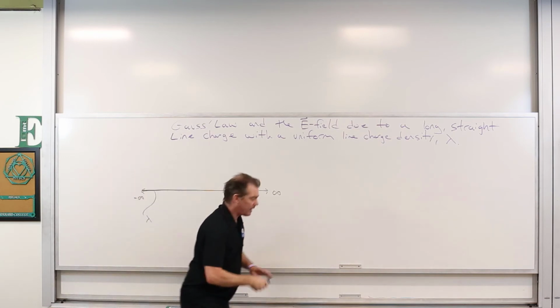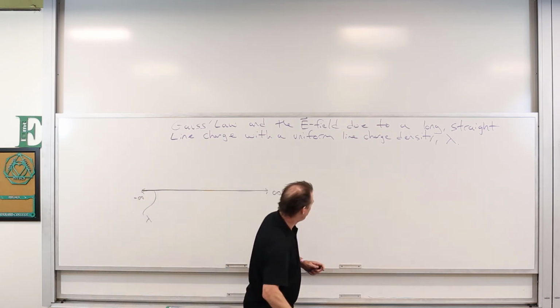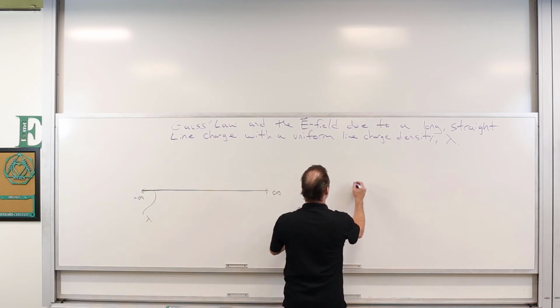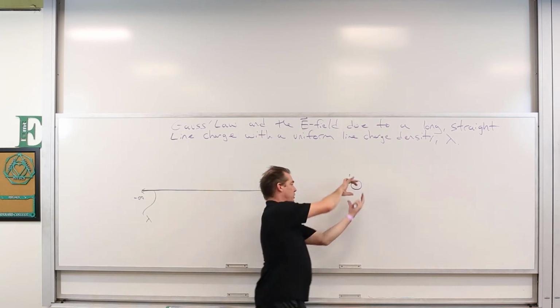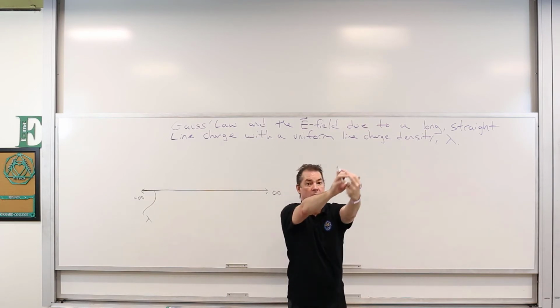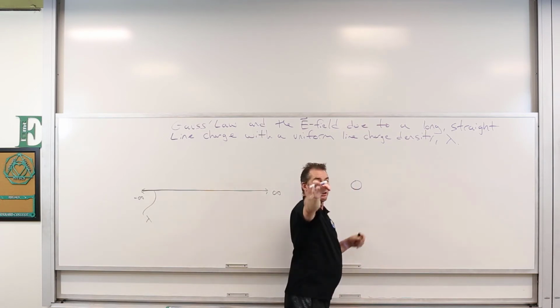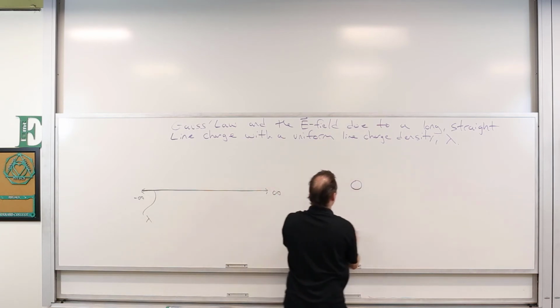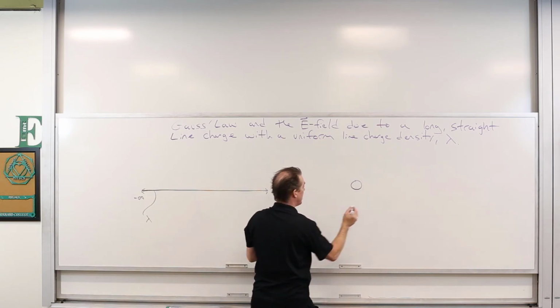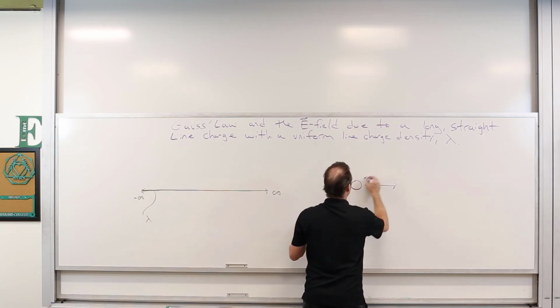Ultimately, if we take a little view of this where we've rotated it, and say that this is our charge, a line charge that keeps on coming out of the board and going into the board, infinite, and we look at what the electric field looks like at this one location, the electric field looks like this, right?